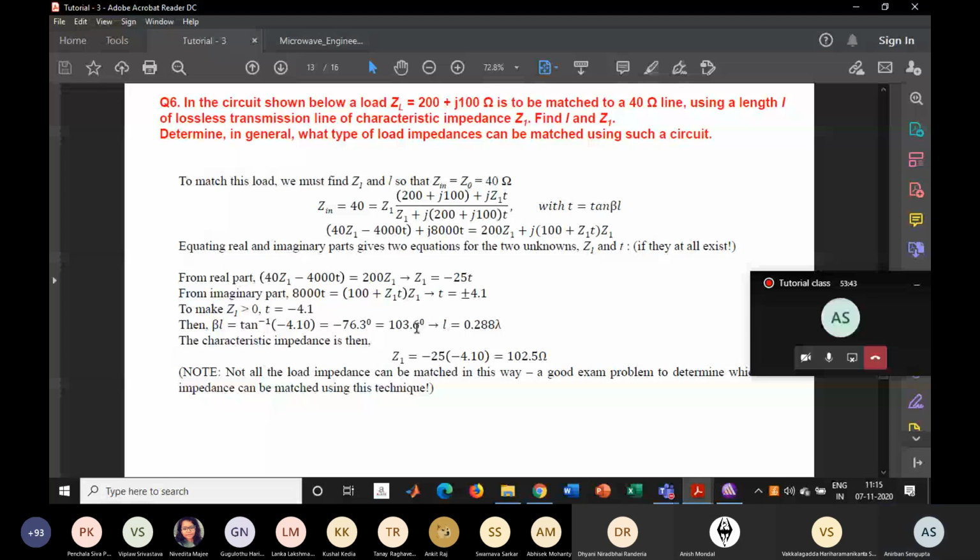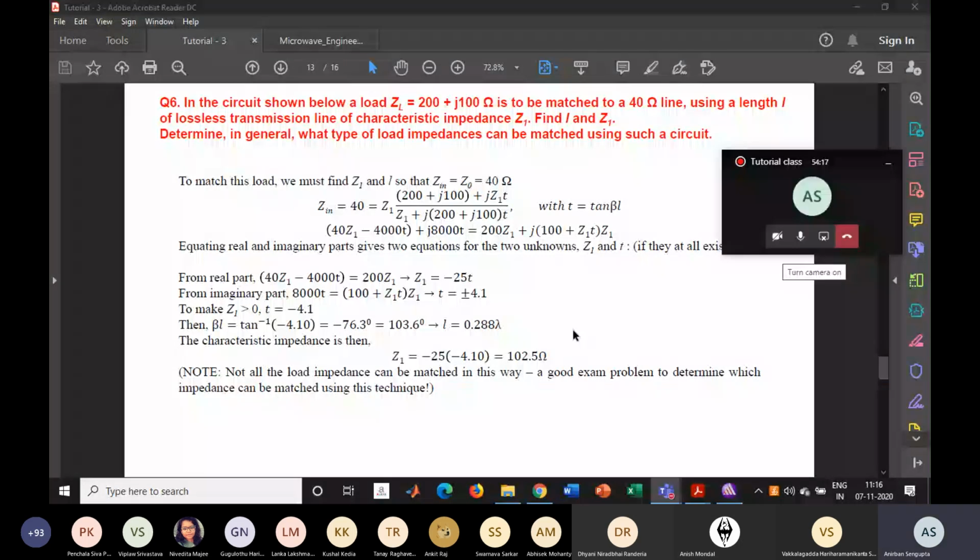Now the comment is to determine in general what type of load impedance can be matched. The comment is that not all load impedances can be matched in this way, because this T value will have a defined value.